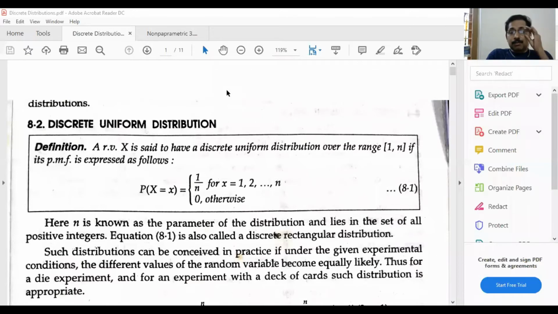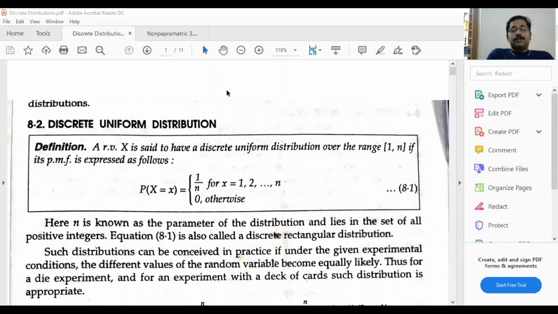I'm sorry, it is not 1 by 1, it is 1 by n. For any value, its probability is 1 by n; probability is not varying. Probability is a constant here. For x equal to 1, its probability is 1 by n. So 1 by n is fixed. For 2 it is 1 by n. For n it is 1 by n. That is how it is defined. P of x is 1 by n.